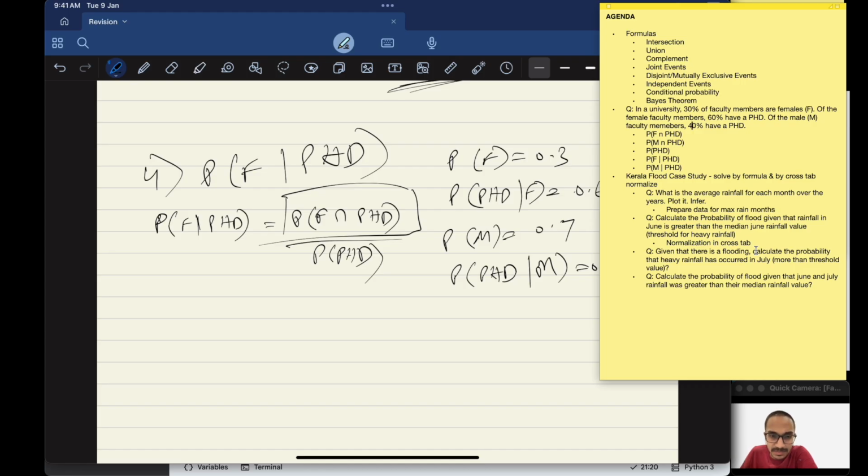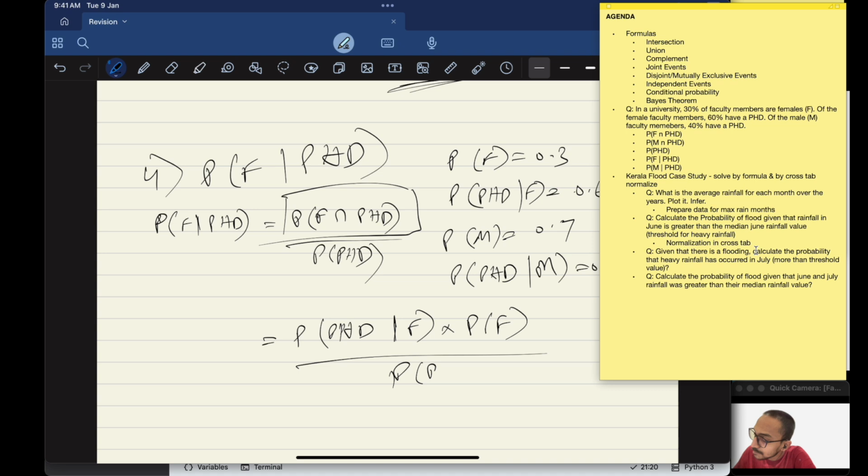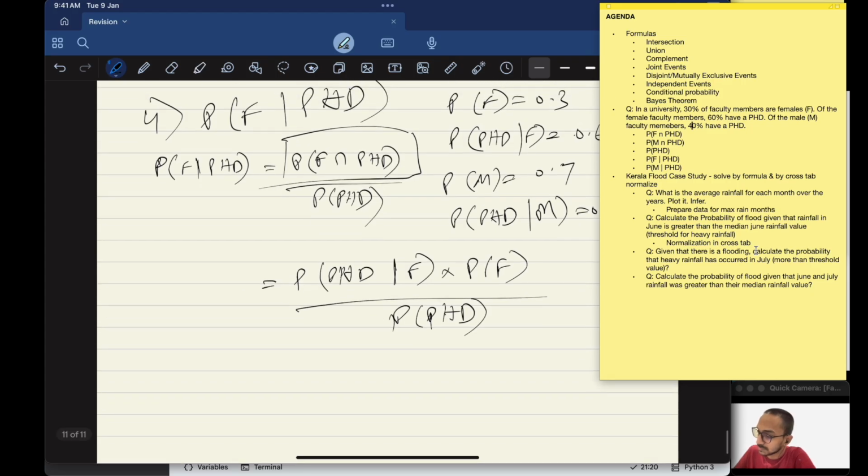I've already explained this multiple times, so I'll just plug in the formula directly. So this will be P of PhD given female times P of female over P of PhD. We already computed the total probability above, so we'll just plug in the same values.